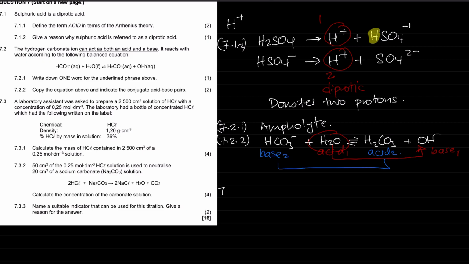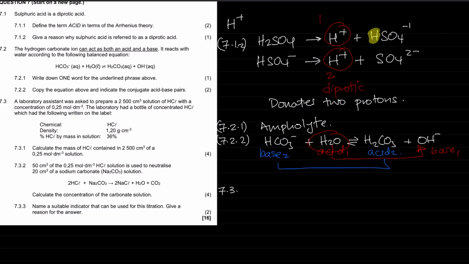7.3. A lab assistant was asked to prepare 2,500 cm cubed solution of HCl with a concentration of 0.25 moles per dm cubed. The lab had a bottle of concentrated HCl which had the following written on the label.